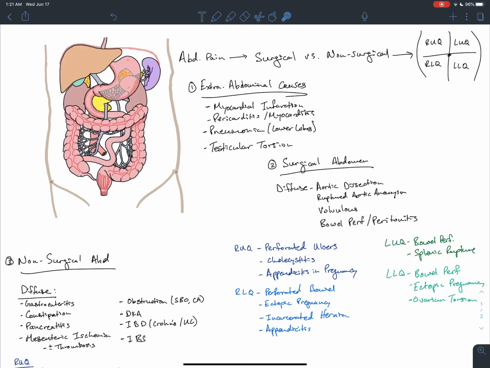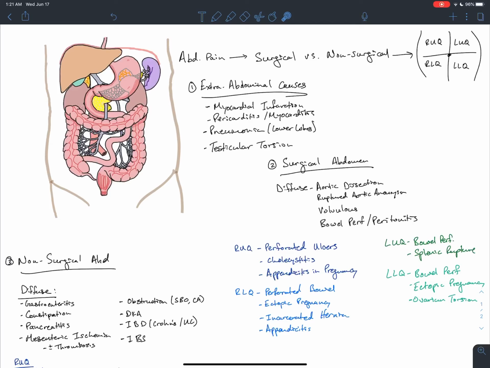So if you have a young person of childbearing age coming in complaining of abdominal pain, especially here in this lower segment, and a lot of times they'll have some vaginal bleeding, if it's a woman of reproductive age, you should always, always, always check a urine pregnancy test, because the last thing that you want is to miss a pregnancy and order a CT scan, and now you've irradiated this baby, and you can cause a lot of potential issues going forward.